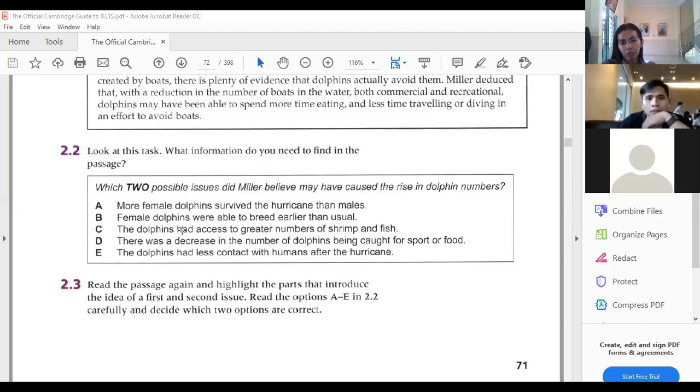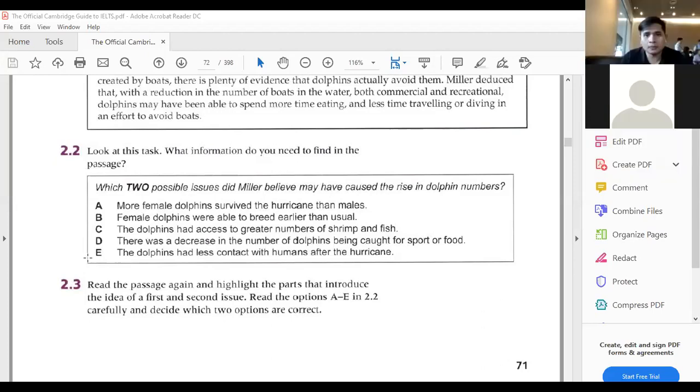This one, they only give one sentence. Which 2 possible issues did Miller believe may have caused the rise in dolphin numbers? So what are the keywords? What keywords can you use to search for the answers in the text?